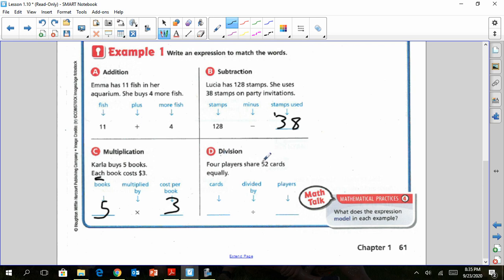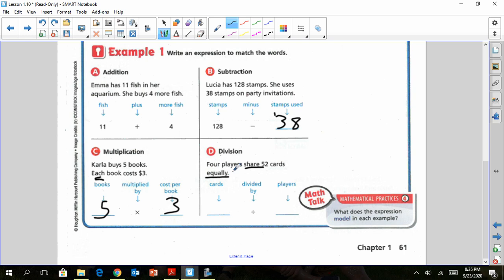The division expression here is 4 players share 52 cards equally. Now, shared equally is our key word here because it means we're going to split them up into groups, and we're going to split them up in equal groups. Therefore, it's a division problem. Now, on the division problems and those story problems, you have to read it very carefully because you have to think about what is being split apart.